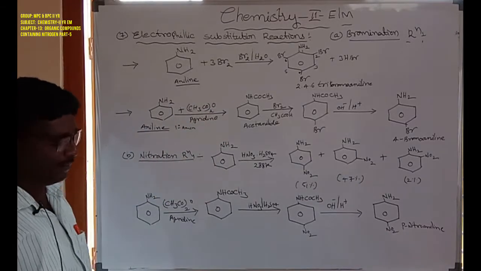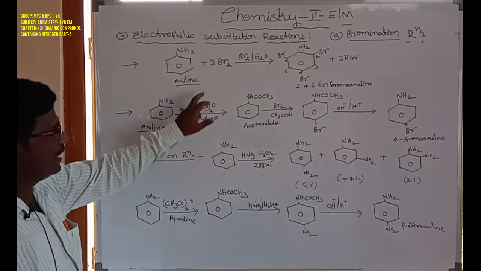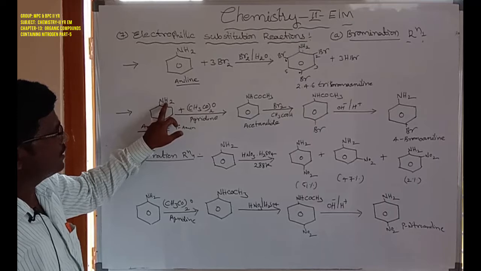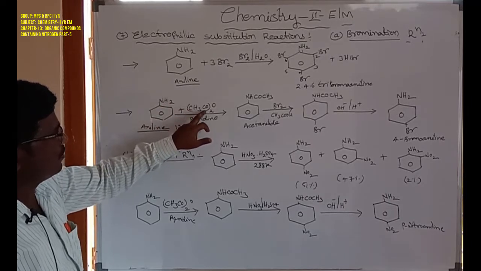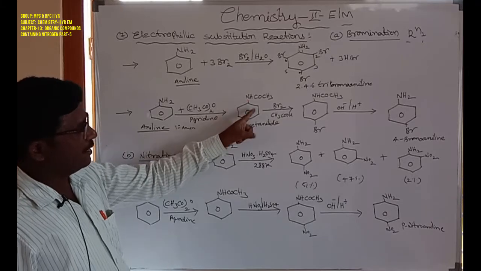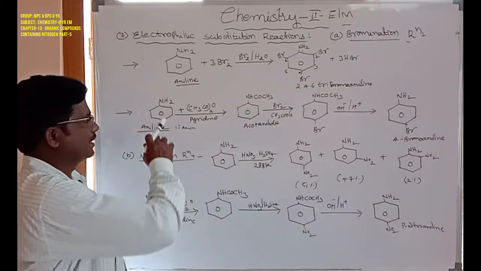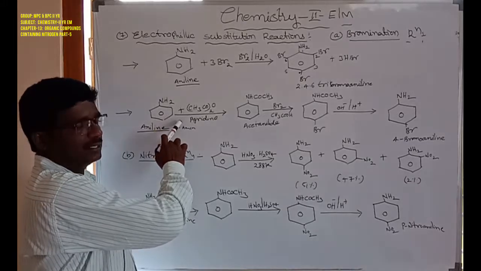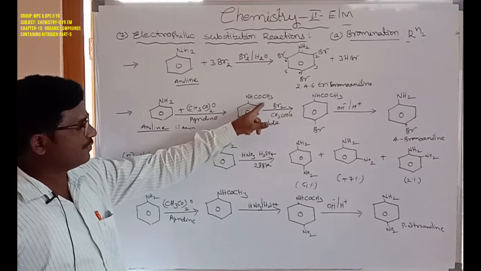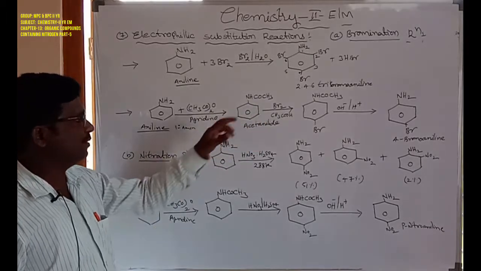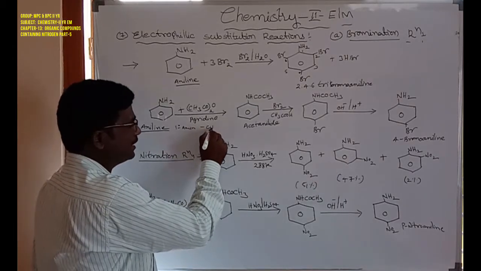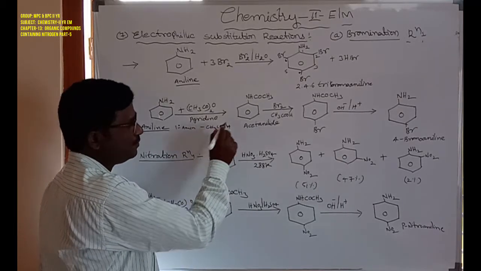Then it forms NHCOCH3 bonding with the benzene, which is also known as acetanilide. Aromatic primary amines treated with acetic anhydride and pyridine form acetanilide, with removal of acetic acid CH3COOH.